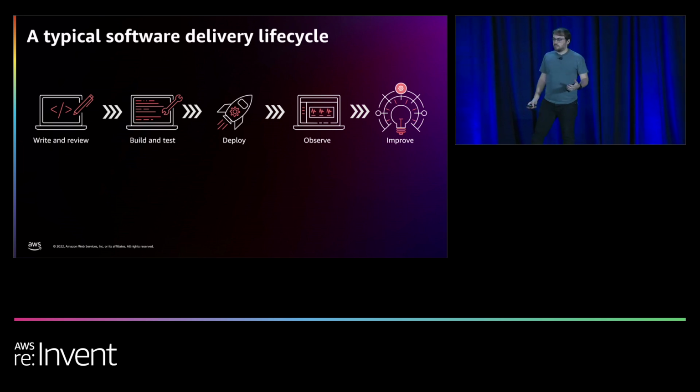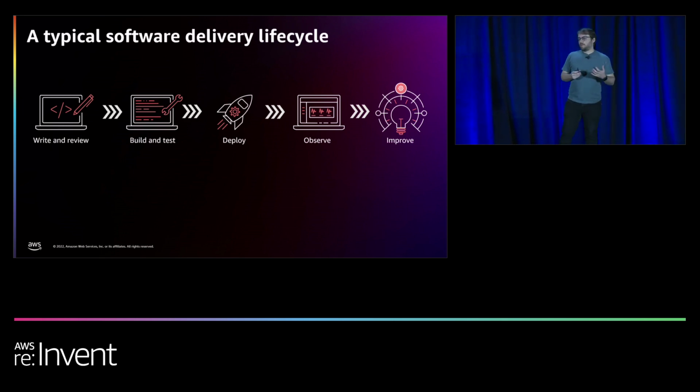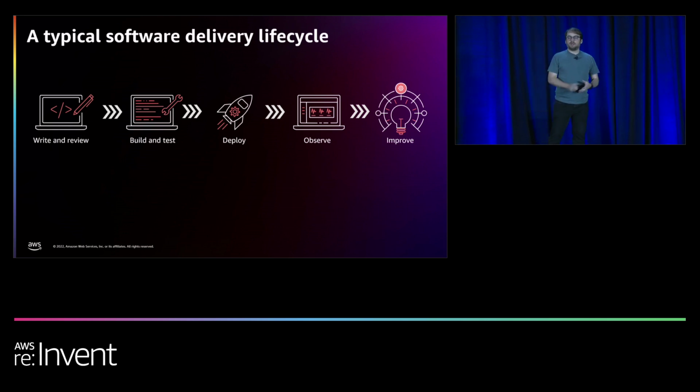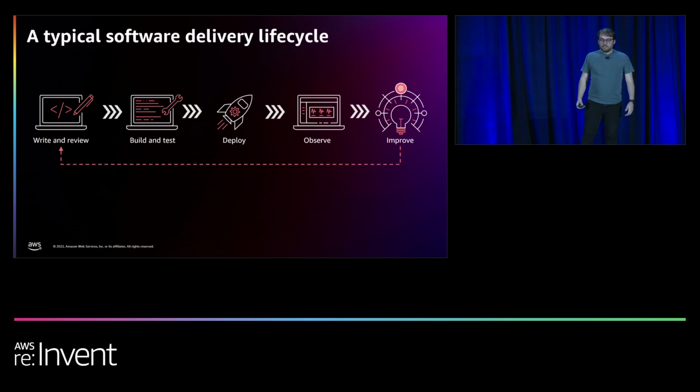Usually when you're practicing DevOps, you have something similar to that, and usually you have it automated as a CI/CD pipeline, so that when the developer writes code in their local environment, some peer might do some peer review, and then this developer would push the code into the Git repo, the main line, and then a pipeline would kick off to build the application and test it, and then deploy it in your various environments. And then you start to observe those applications so that you can keep improving them by fixing bugs, enhancing the performance, or implementing new features.